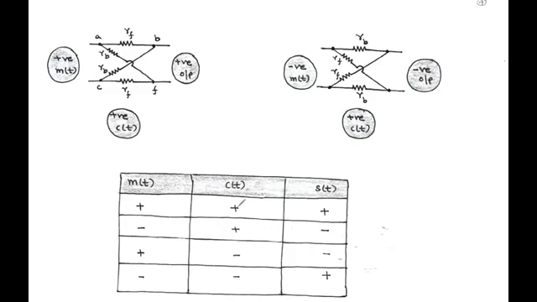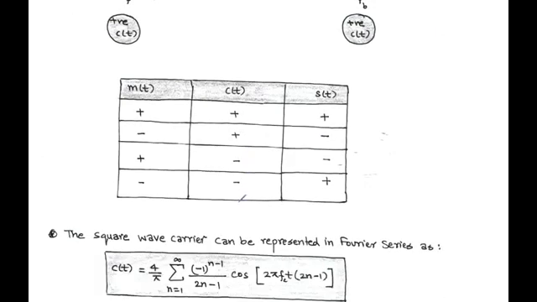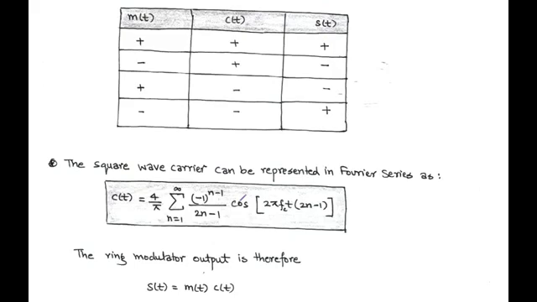In the ring modulator, we consider a carrier that is a square wave, and in Fourier series, the square wave carrier can be represented as c(t) equals 4 upon pi, summation n equals 1 to infinity, (-1)^(n-1) upon (2n-1), cos[2 pi fc t (2n-1)]. So this is a representation of a square wave carrier in Fourier series.